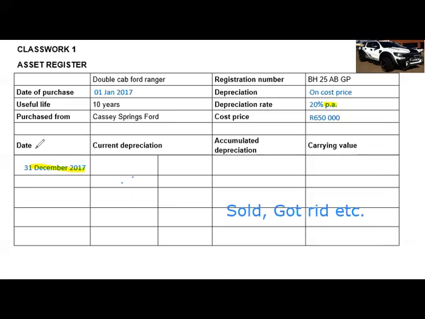Okay, do you see the date that we are preparing these things, guys? We're preparing it on which day? On the 31st of December. So do you agree that I'm going to depreciate it for the entire month of December? So my current year depreciation will just be 650 times what? 20% times 12 over 12, because I use it for 12 months.